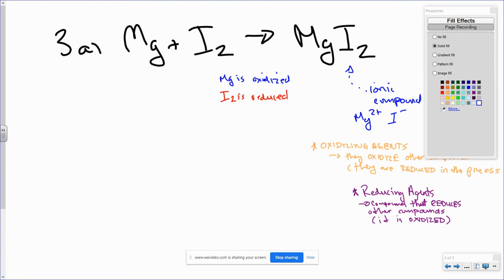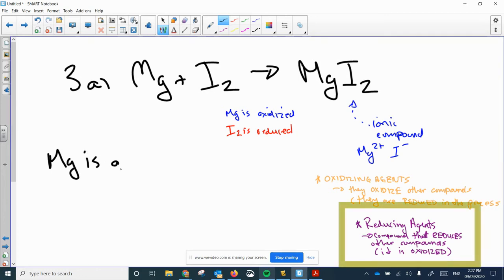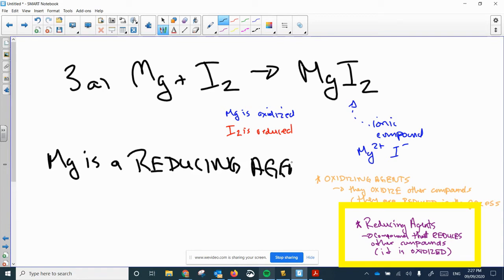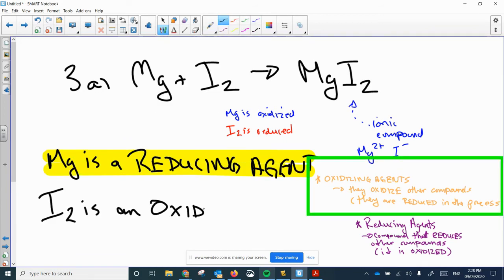Let's go back now for a moment. If Mg is oxidized, that means Mg is a reducing agent. And I2 is an oxidizing agent.